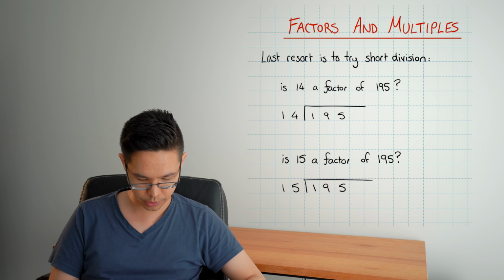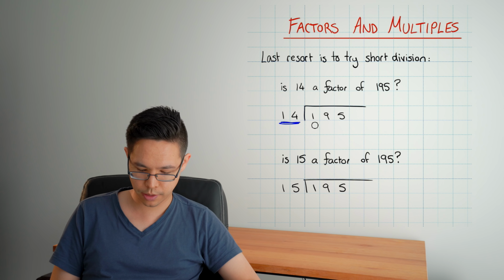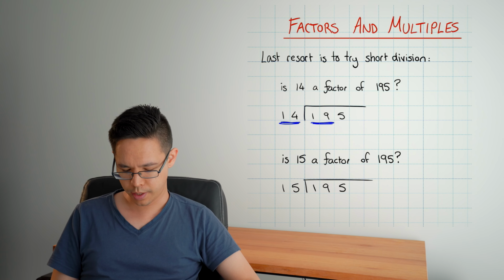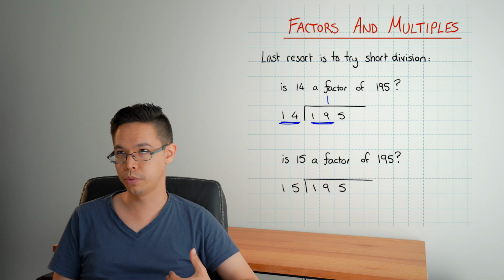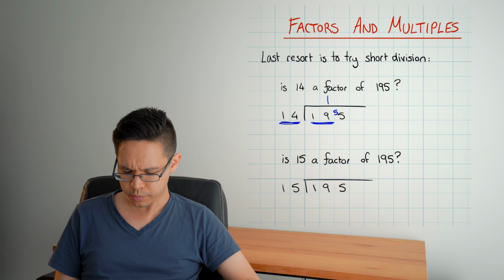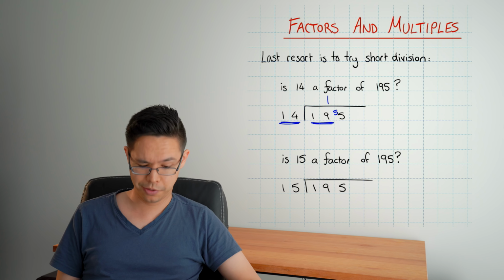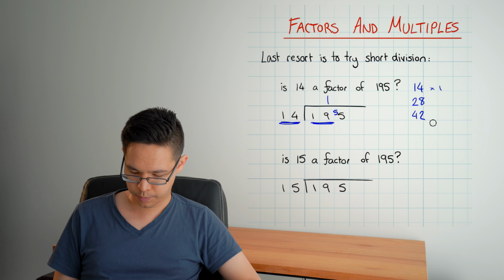So 14, let me just get my brush. Okay, how many times does 14 divide into 19? It fits in there once with some leftovers. So 19 minus 14, the leftovers would be 5, so 55. Now I have to do the 14 times tables, which I don't know, so I'm just going to list them off. 1 time is 14, twice would be 28, 3 times would be 42, and once more would give me 56.